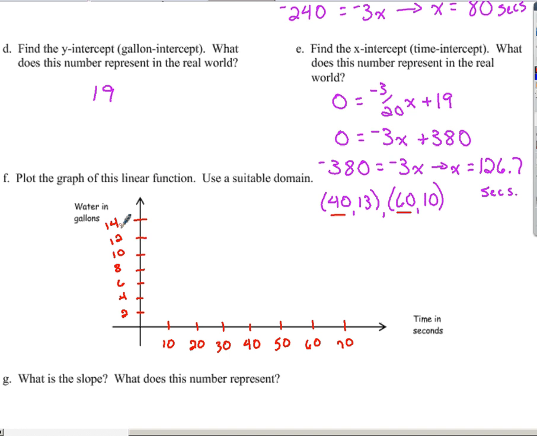As you plot this out, go back to the key points of (40, 13). If I plot that point, that'd be up here. And (60, 10) would be approximately right here. I could draw a line through those 2 points.